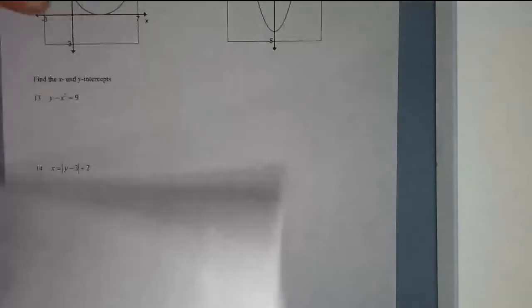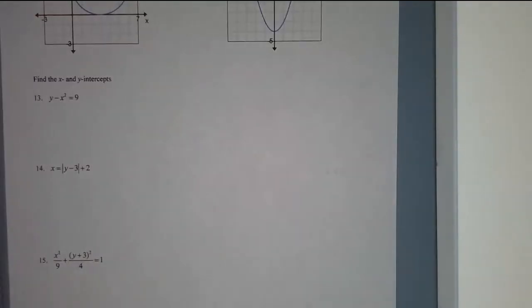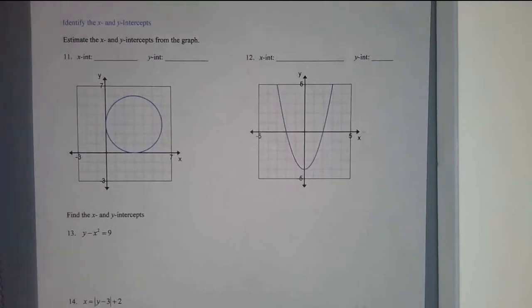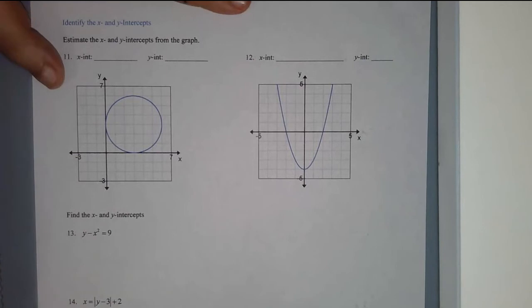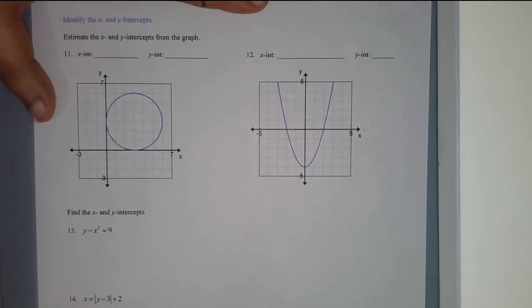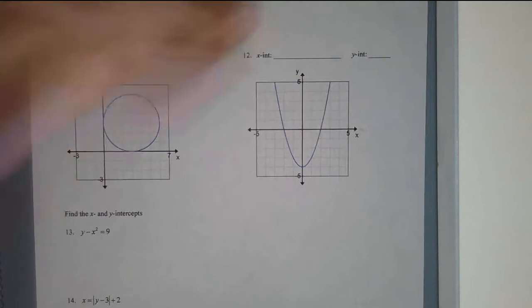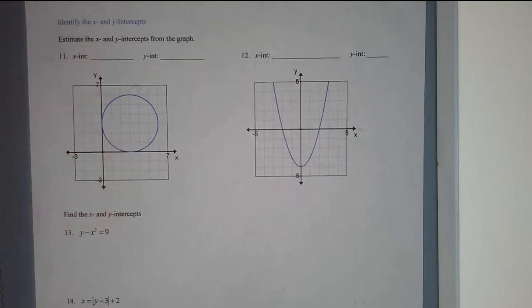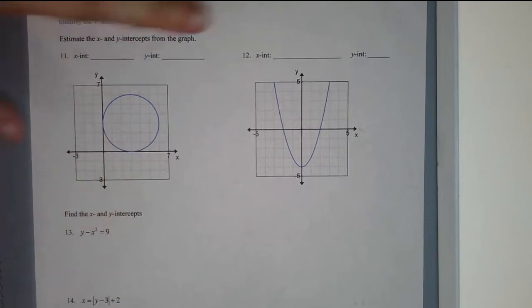Now, let's go to intercepts. All right, here we go. This is number 11. So the idea of the x and y intercepts is that they are the points where the graph of the function, or the relation, touches or intersects with the x and the y axes, right?